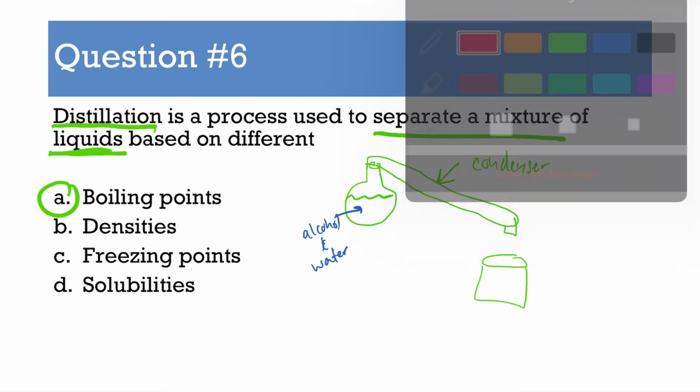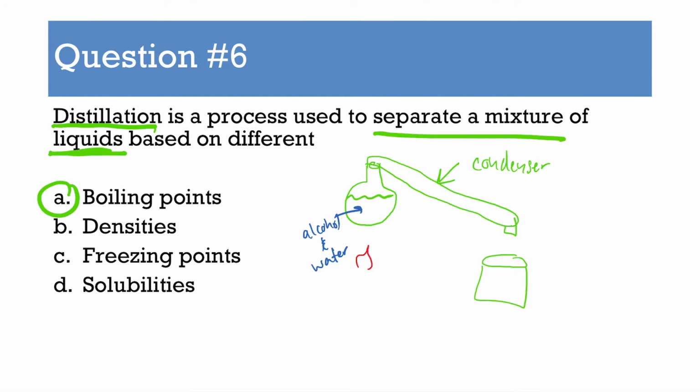Now, under the flask, there is a Bunsen burner or some kind of heat source.